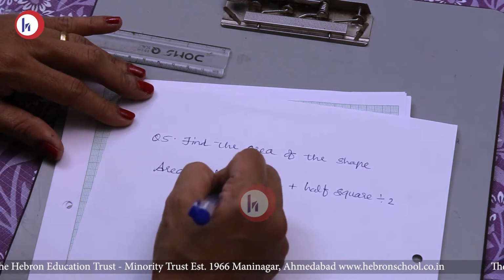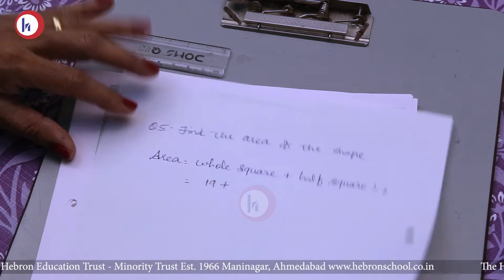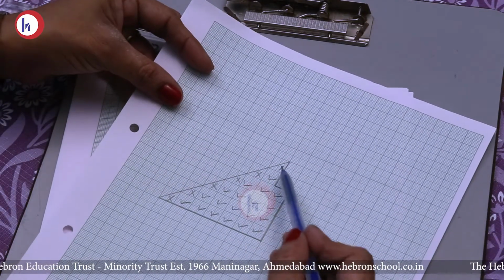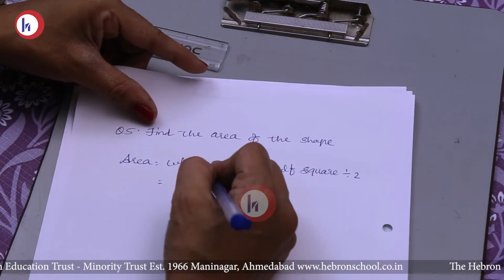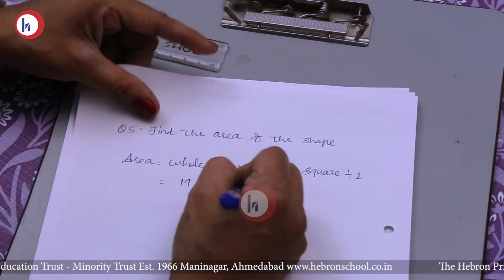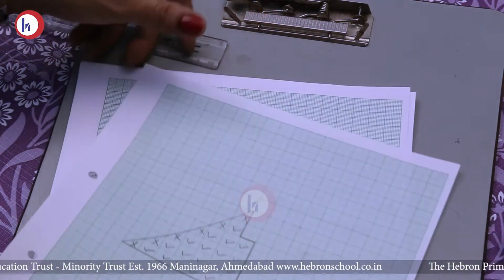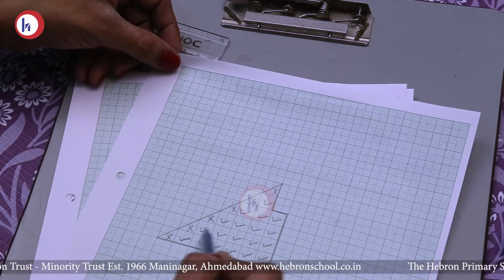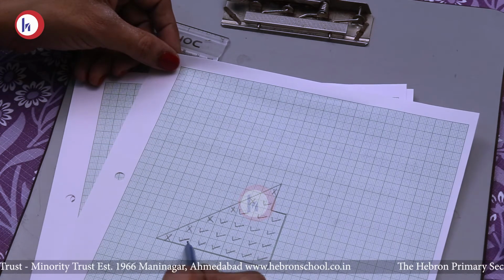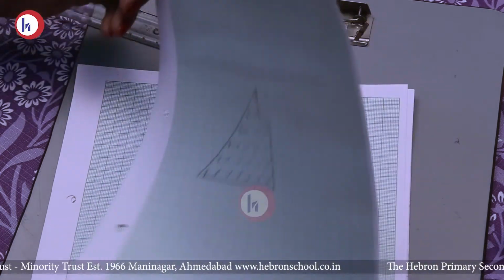Whole squares 19 and half squares 1, 2, 3, 4, 5, 6. 6 divided by 2. Let's count whether it is 19 or not. Yes. 1, 2, 3, 4, 5, 6, 7, 8, 9, 10, 11, 12, 13, 14, 15, 16, 17, 18, 19. Yes, it is right.